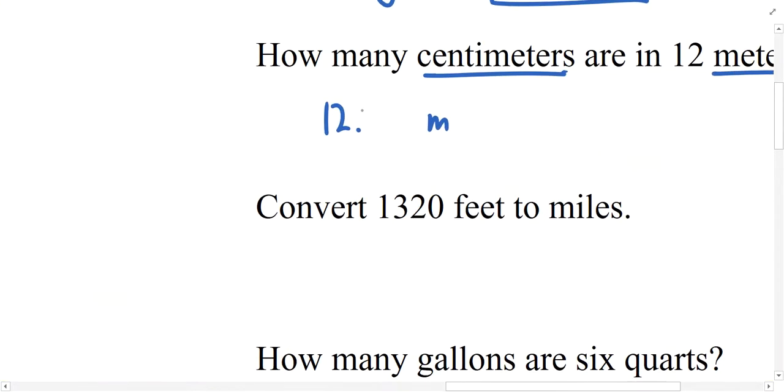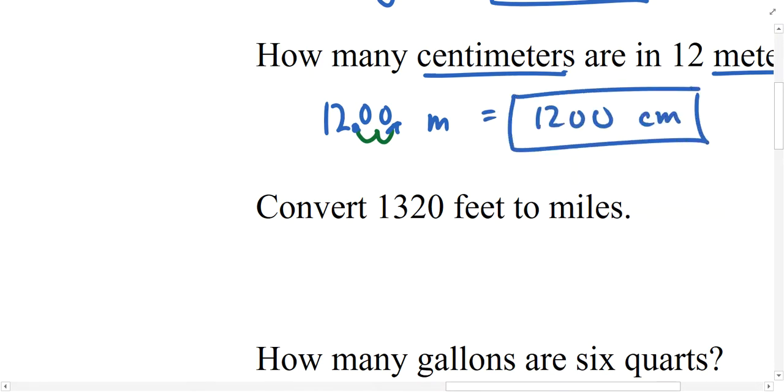So if I'm converting here, I need to move my decimal 2 places to the right. So what was 12 by itself becomes 1200. So we're not saying 1200 meters, we're saying that 12.0 meters becomes 1200 centimeters.